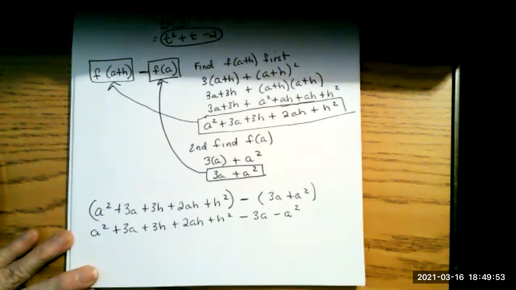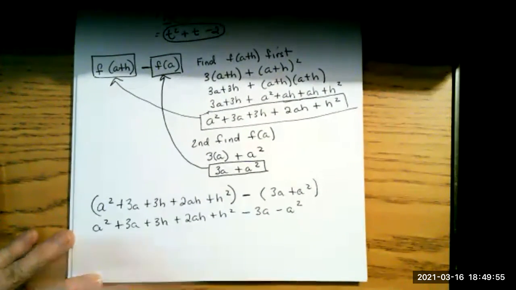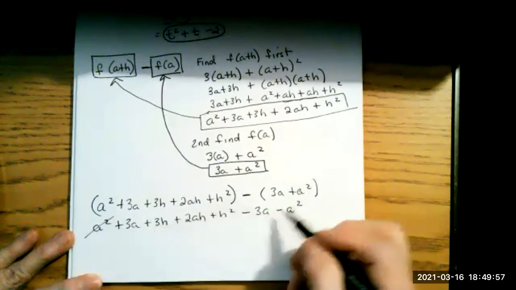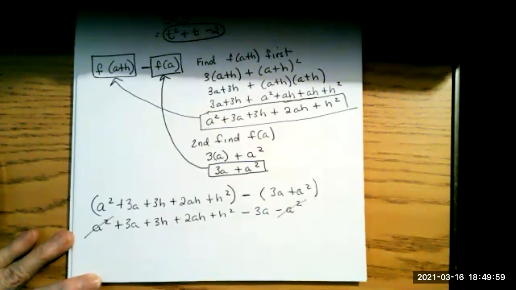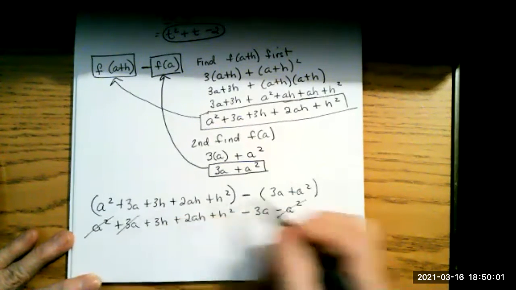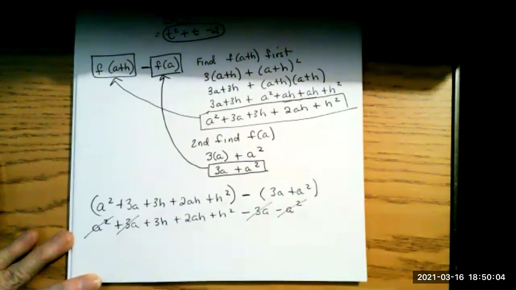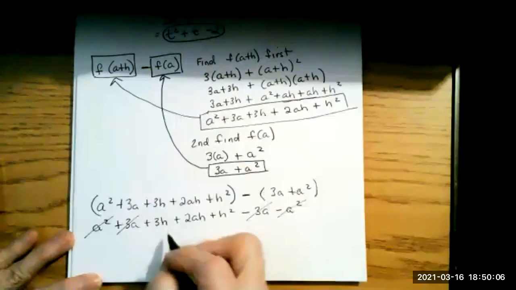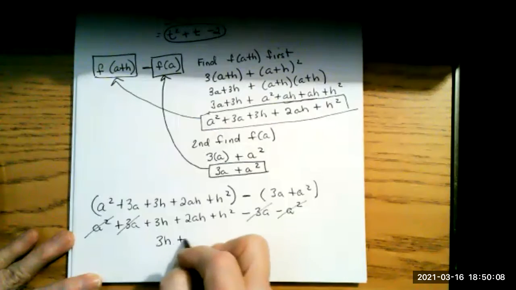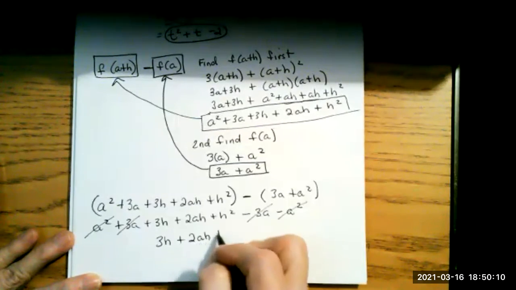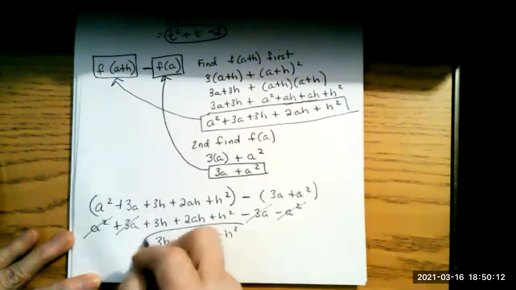Now, if you're lucky, some things will cancel. It looks like a squareds will cancel, and it looks like 3a's will cancel. So your answer looks like 3h plus 2ah plus h squared.